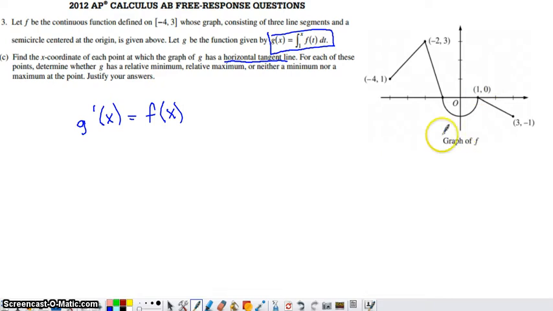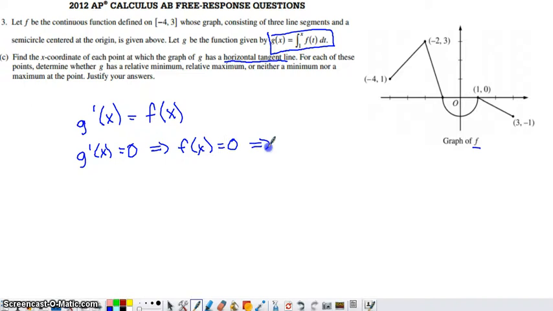Now what we have over here is a graph of f. So we're going to be able to figure out values of g prime simply by looking at values on the graph of f. A horizontal tangent line, like we said a minute ago, has 0 slope. When is g prime of x 0? Well, that's going to imply we look for the locations where f of x is 0.